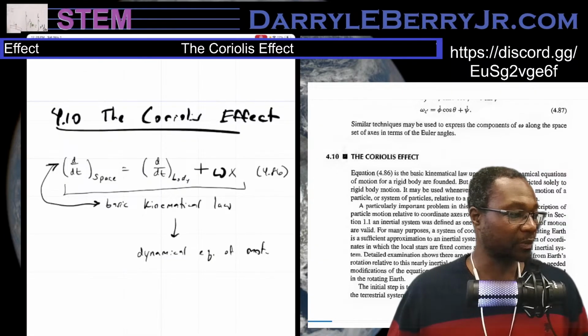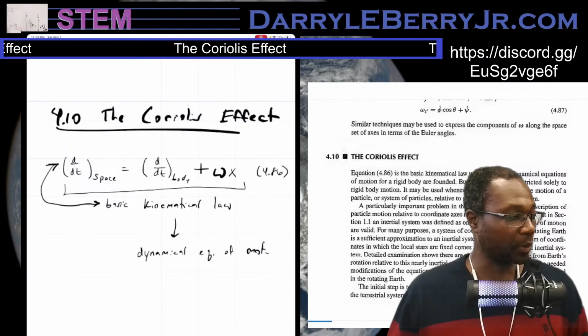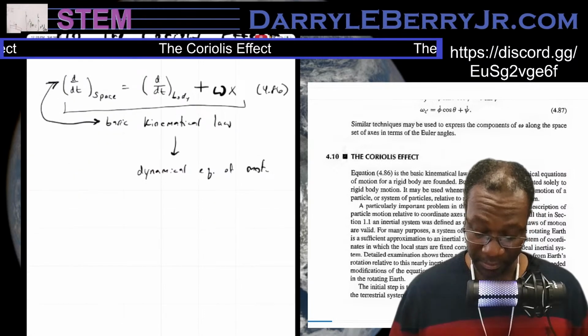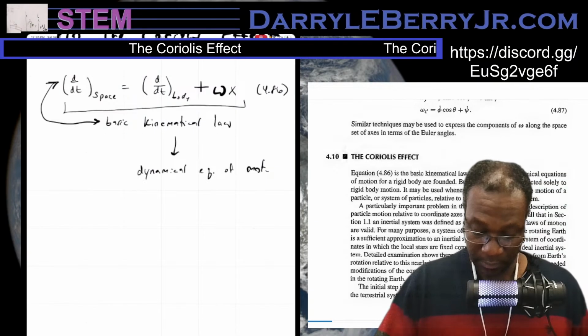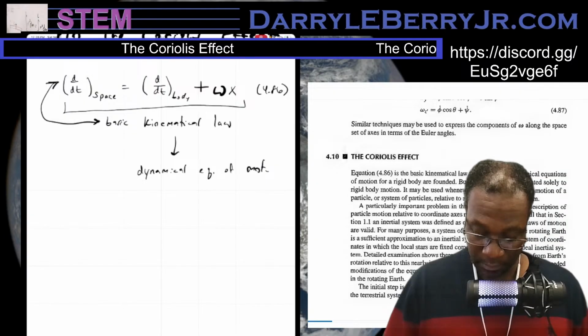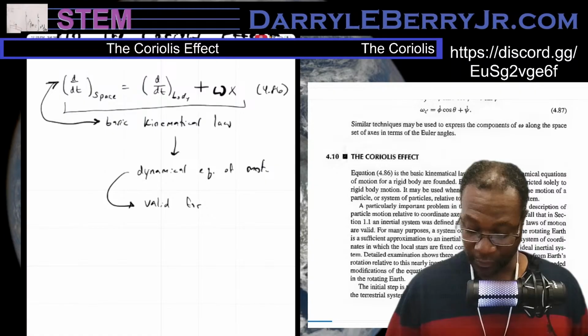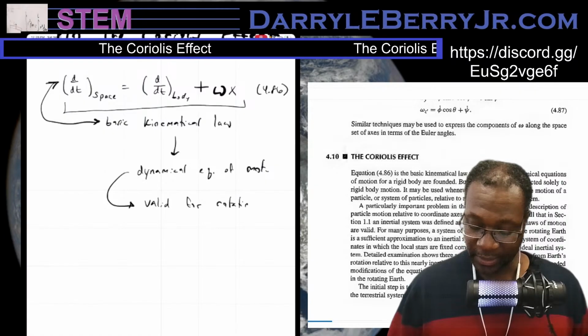It may be used whenever we wish to discuss the motion of a particle or system of particles relative to a rotating coordinate system. All right. Got it, rotating coordinate system.